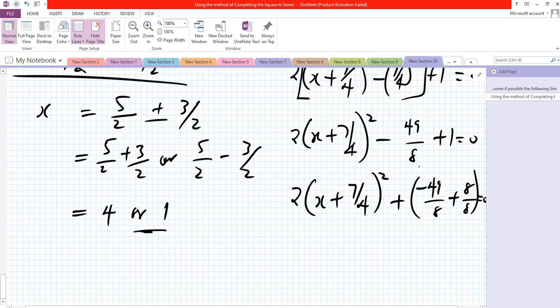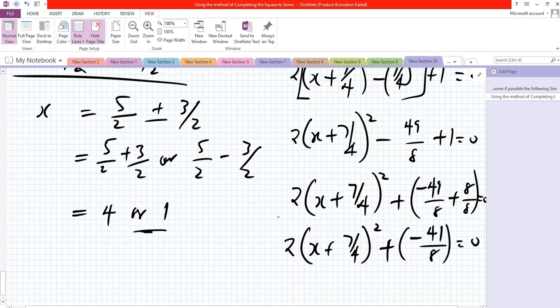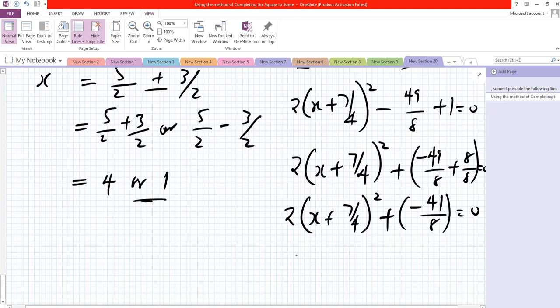That means 8 times 1 is 8. So you say 2 bracket open x plus 7 over 4 all squared, this is minus 49 plus 8, which gives you minus 41 all over 8 equal to 0.